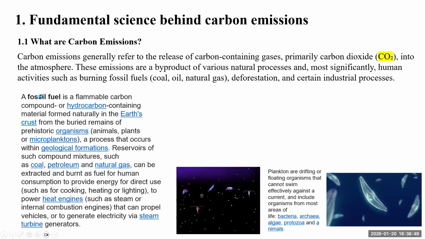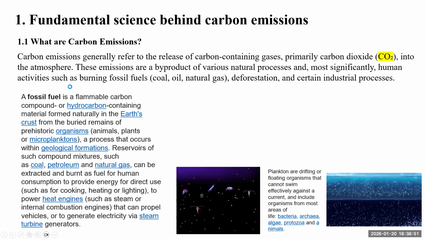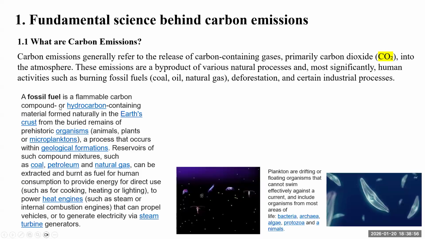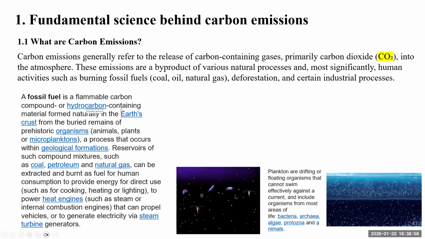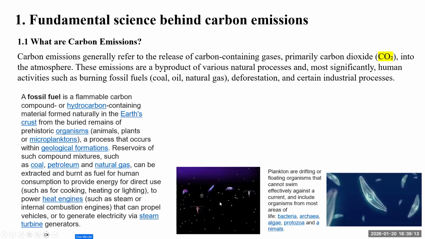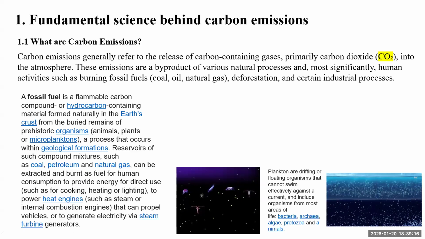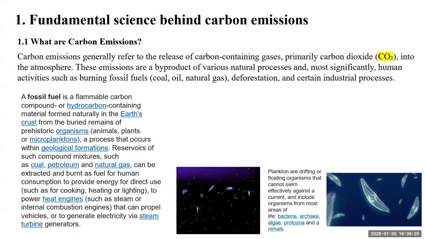What is fossil fuel? Fossil fuel is a flammable carbon compound or hydrocarbon containing material formed naturally in the Earth's crust from the buried remains of prehistoric plants, animals, and macroplanktons.